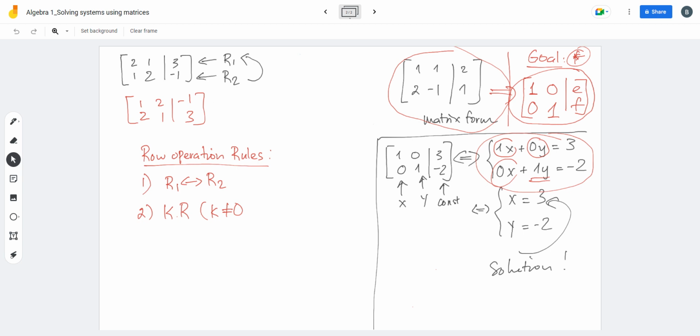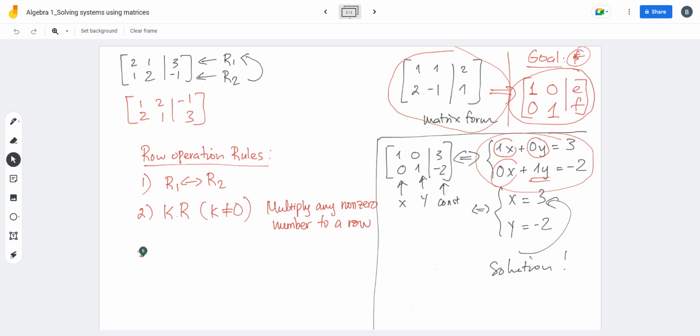This means multiply any non-zero number to a row, and that's okay too.